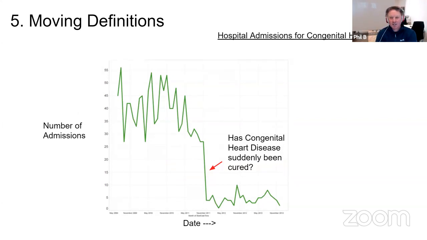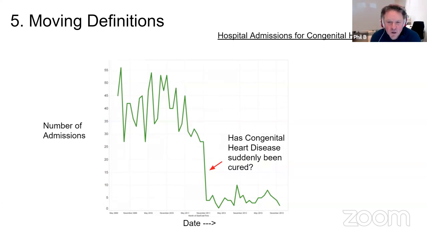So this one is something called congenital heart disease, and we just plotted these occurrences through time, and you'll see that at a particular point in time, it looks as if congenital heart disease has dropped off the map. Have we cured it? I took this back to the experts, the nurses, the doctors, and the coders, the people who apply these codes, and they knew exactly what had gone on here.